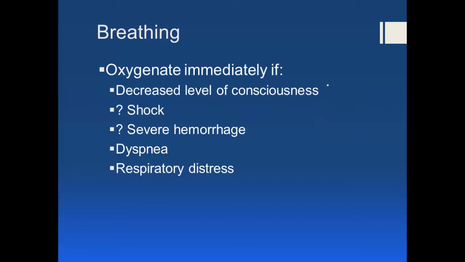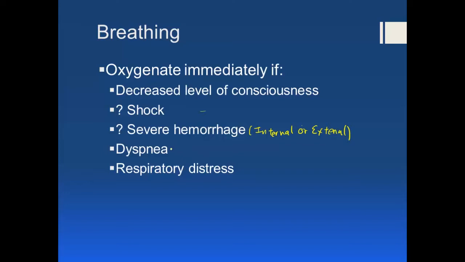If the patient has a decreased level of consciousness, if you think they may be in shock or they may have a severe hemorrhage, or you obviously can clearly see a severe hemorrhage, and this really could be internal or external. So if you're concerned they have internal hemorrhage, like an abdominal bleed, and you can't actually see the bleeding, then you want to be sure to oxygenate immediately.